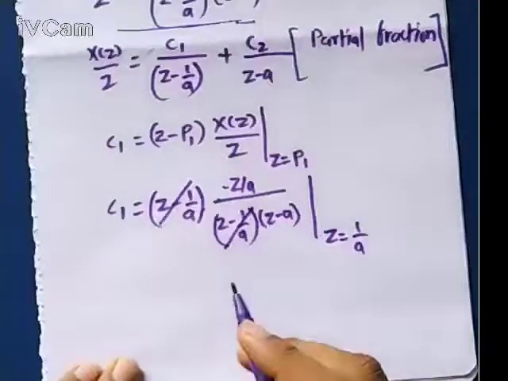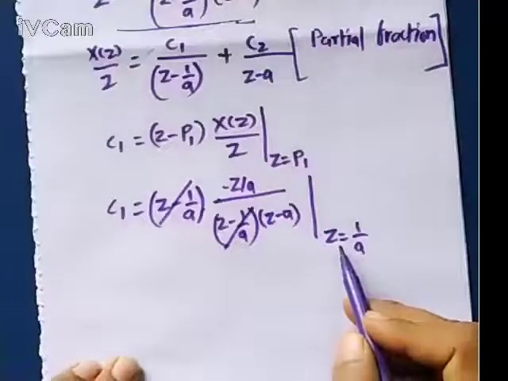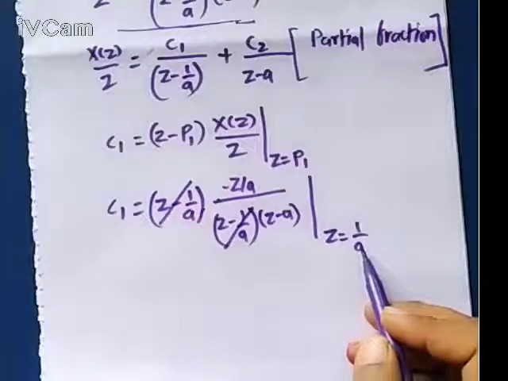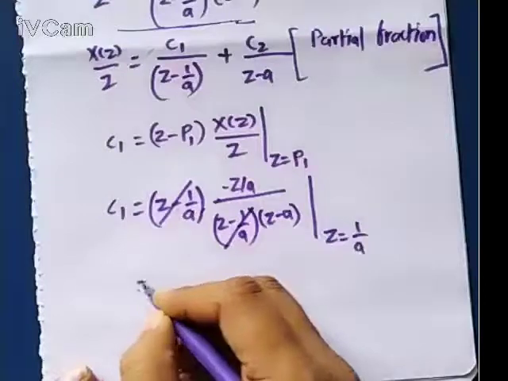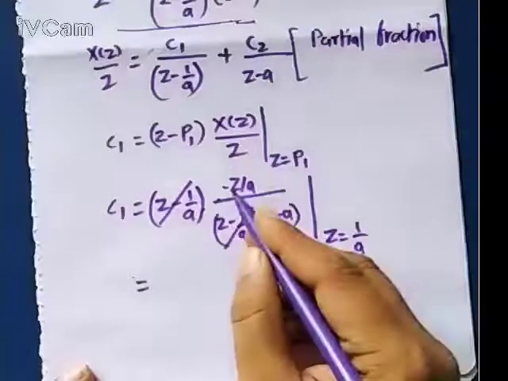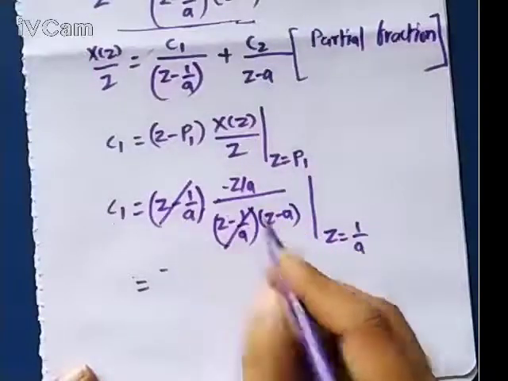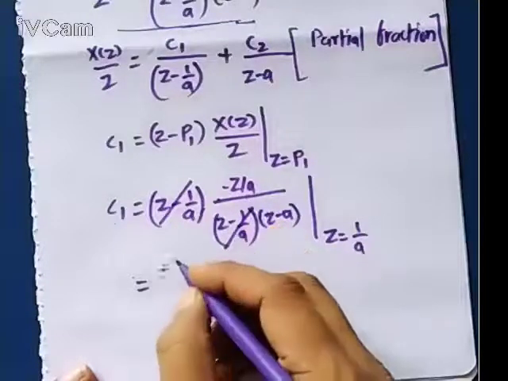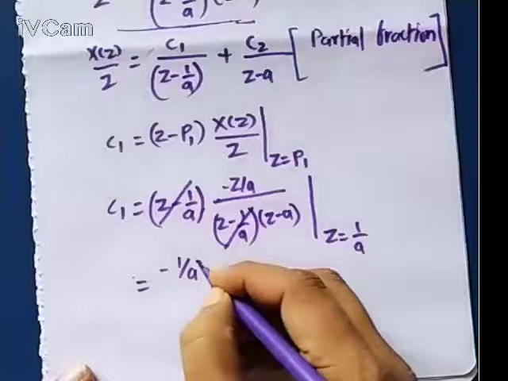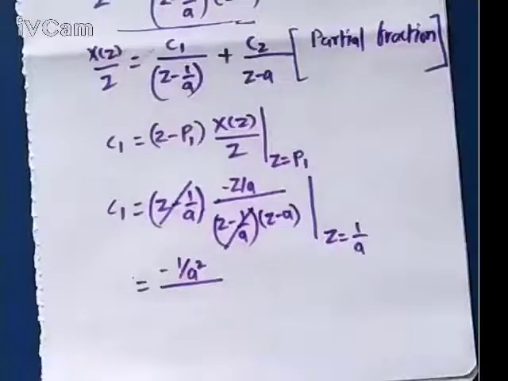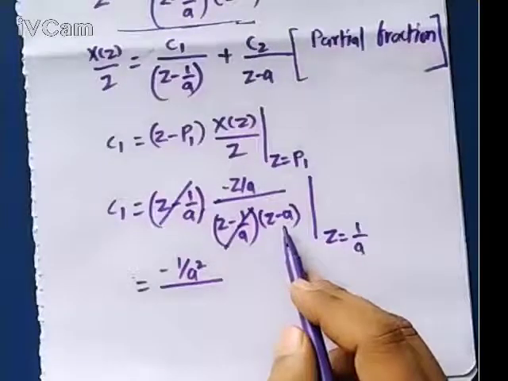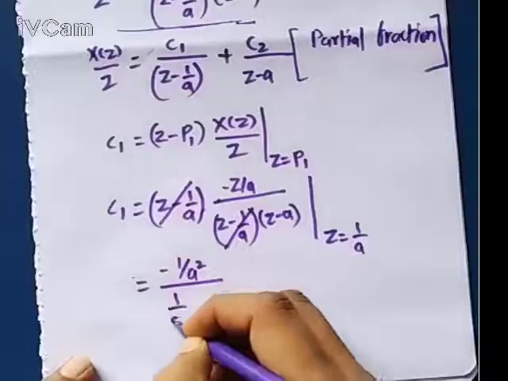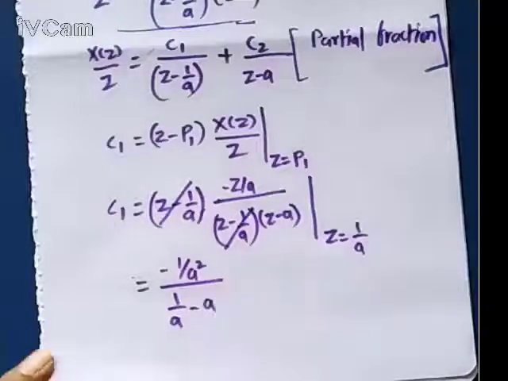Okay, and we can substitute z equal to 1 by a. So minus z is 1 by a, and already it is 1 by a here, so that will be minus 1 by a square, upon z minus a. Z is 1 by a, so that will be 1 by a minus a.